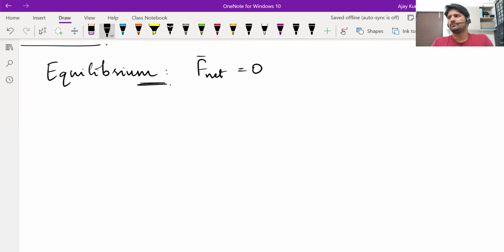Now tell me this, one of you. By looking at an object, can you tell whether it is in equilibrium or not? Like, by observing an object for some time, can you tell whether it is in equilibrium or not? Yes, sir. How?